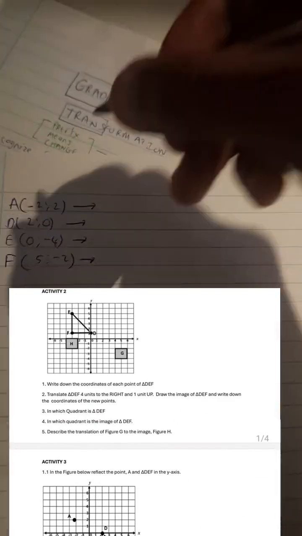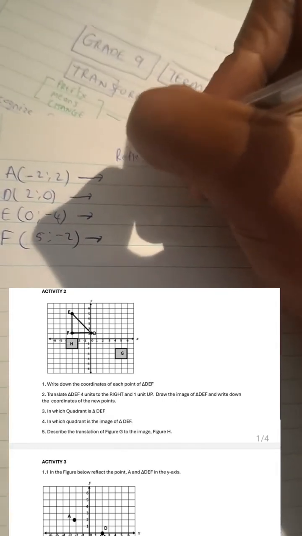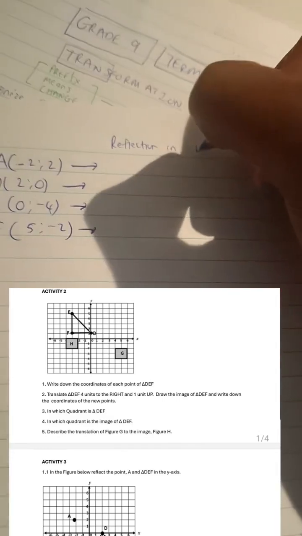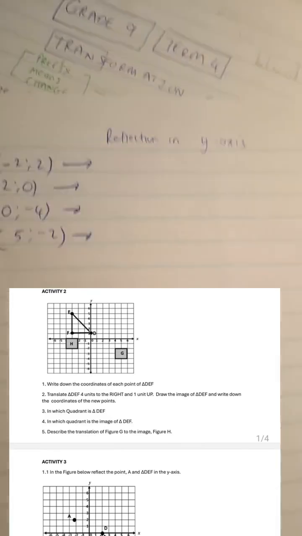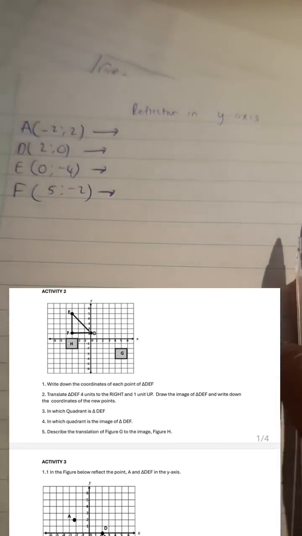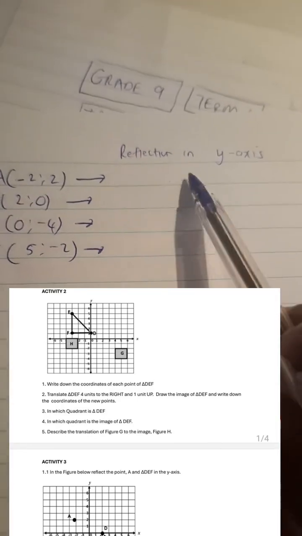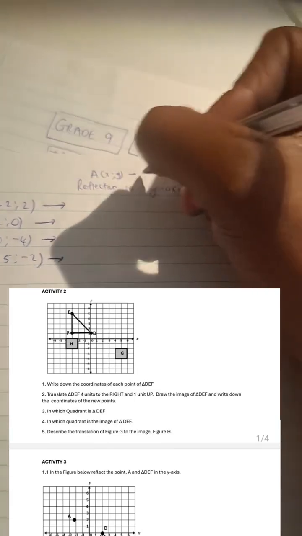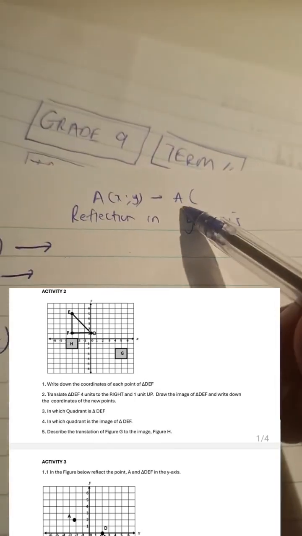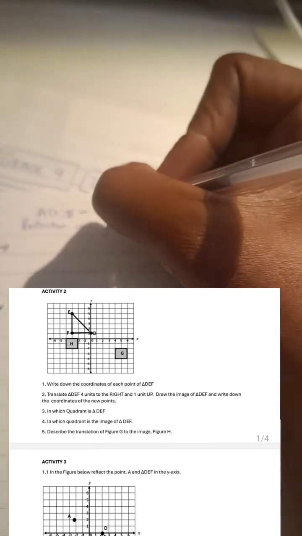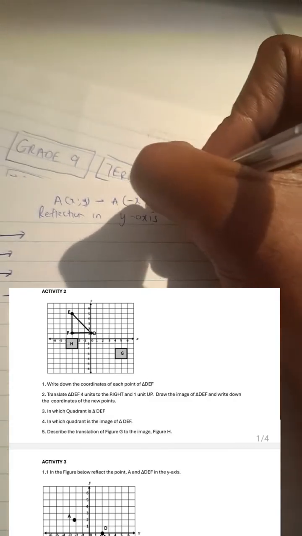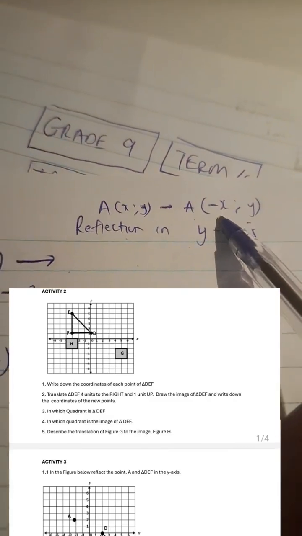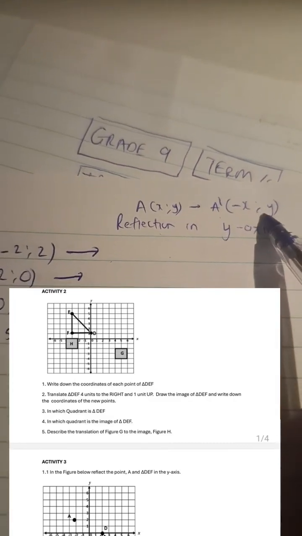So remember, what did we say? Reflection in the y-axis. What does that mean? It means, grade 9s, grade 8s, that if we have a point, then the way that point changes, if we are reflecting in the y-axis, is that the x-coordinate simply changes sign whilst the y-coordinate stays the same.